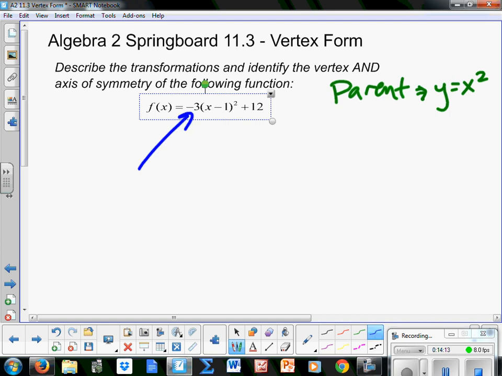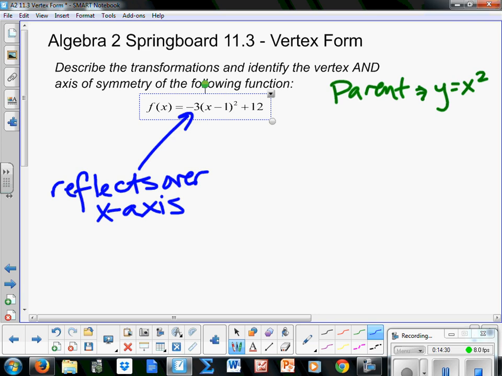Well, there's a -3 on the outside, so I know outside affects the y's. The negative part means that it reflects over the x-axis, because that's in the y direction. It's going to flip upside down. So it reflects over the x-axis and has a vertical stretch of 3.